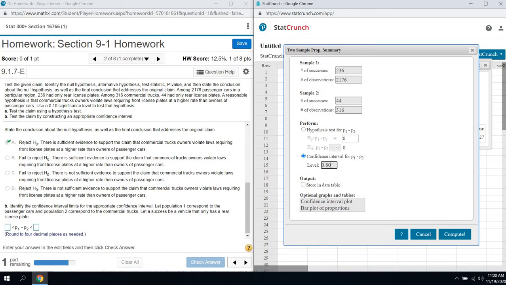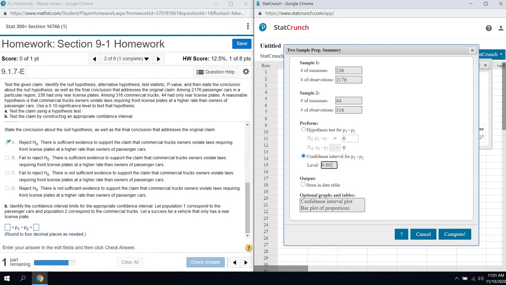Now that may not have made sense, so let me be careful about that. 0.10 is the significance level, and somebody might falsely think that that's 90% confidence. It's not. Because it was a one-tailed test, we need to make it a two-tailed confidence interval. And so we're doubling the significance level to 0.20 and subtracting from 1.